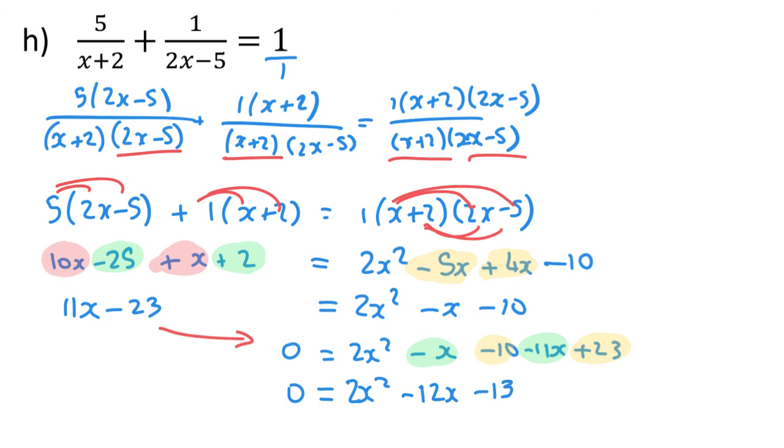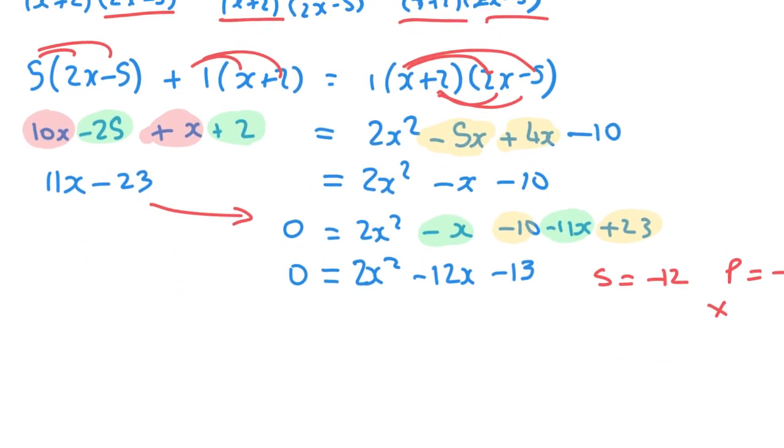So we should try and factorize this to solve. So the sum is minus 12 and the product is 26 or minus 26. But sadly, there's no two numbers that will multiply to give 26 and add together to give minus 12. So we need to use the quadratic formula.